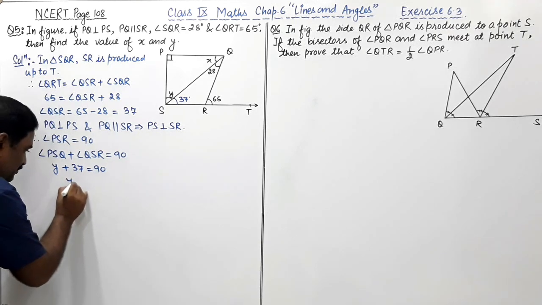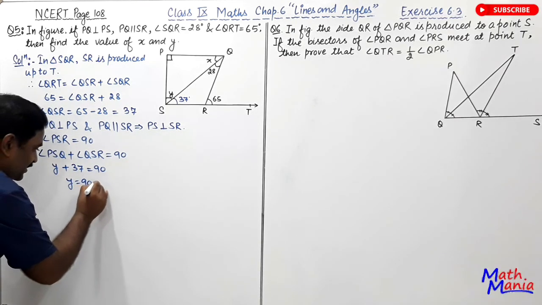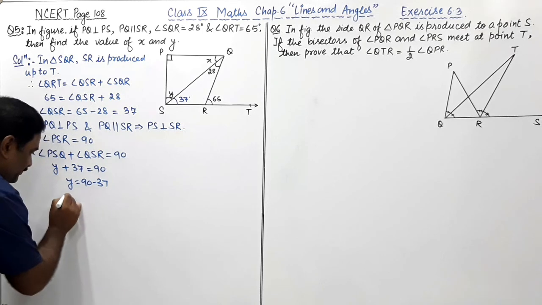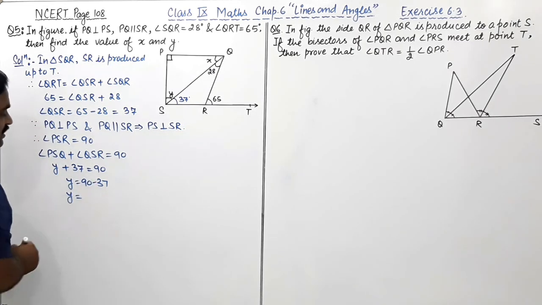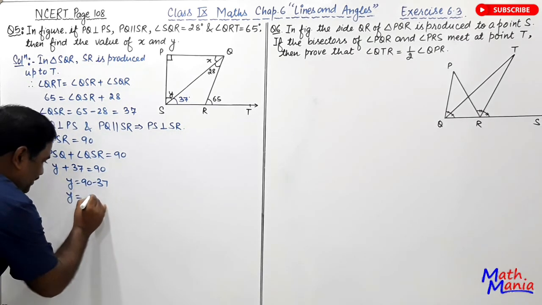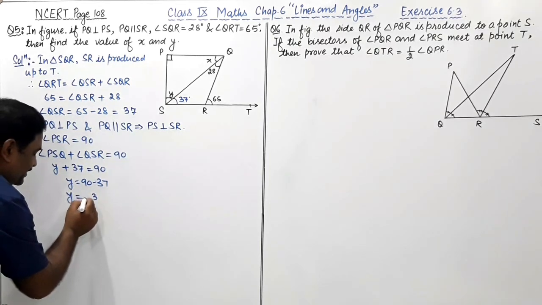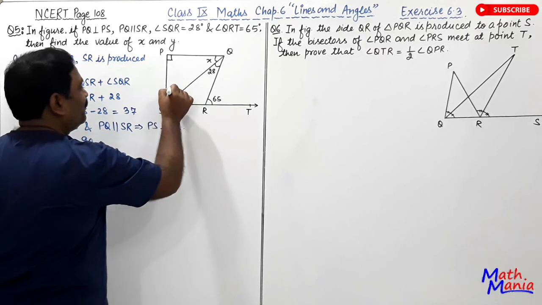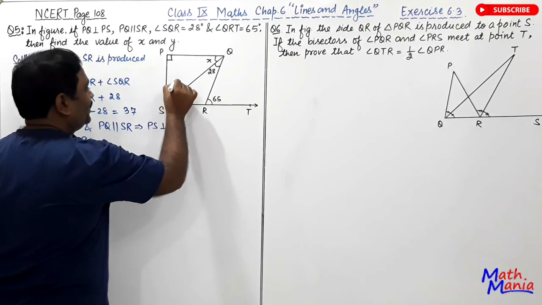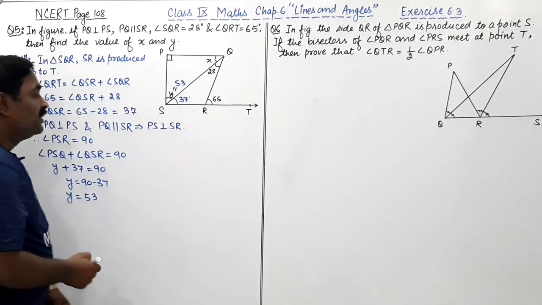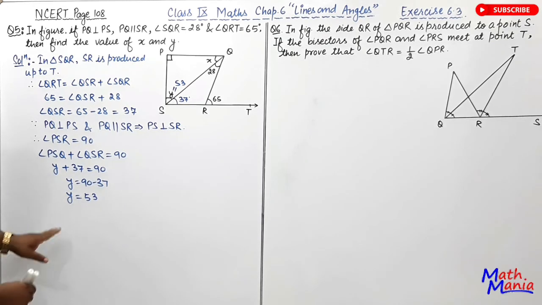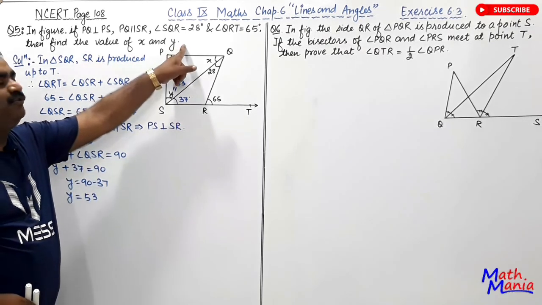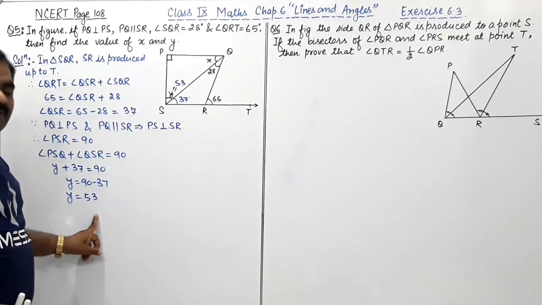So Y equals 90 minus 37. 10 minus 7 is 3 and 8 minus 3 is 5. So 53 degrees. The value of Y we got is 53 degrees. We had to find the value of Y, so Y we got is 53 degrees.